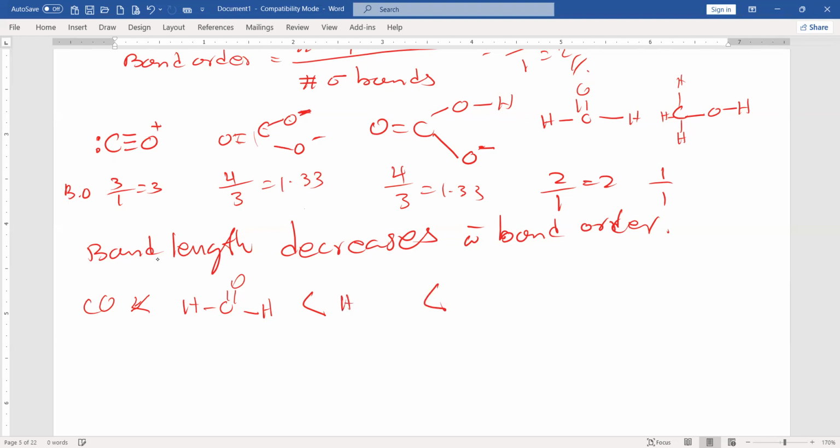So here HCO3 minus, then the carbon, like this CO3 2 minus, and finally the CH3OH, because it has just a single bond between carbon and oxygen. Therefore, this is the correct increasing order.